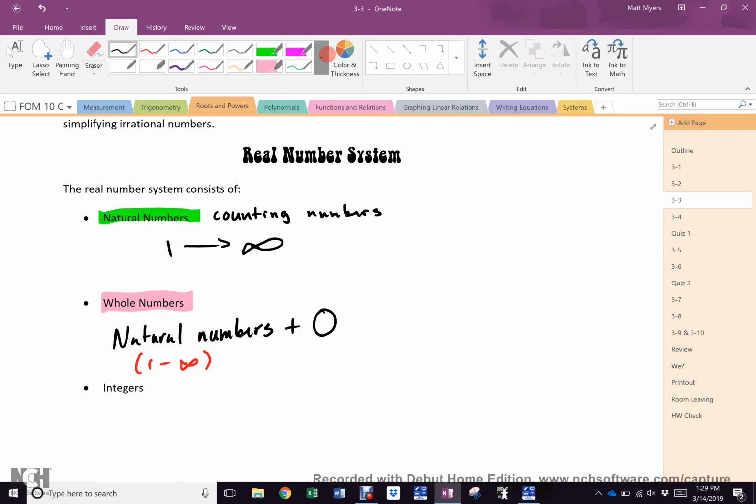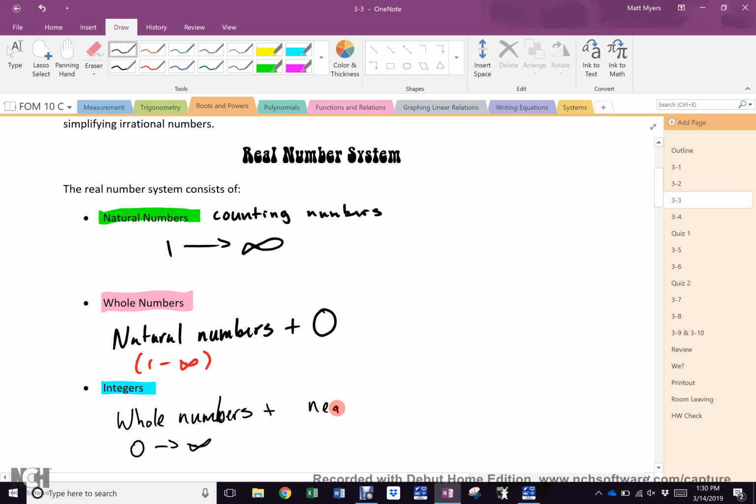So the next one is integers. Now, you're intelligent people. The smallest group was natural. Then the next one was the natural numbers plus a 0. So what logically are the integers? They are the whole numbers, which is 0 to infinity, plus what now?